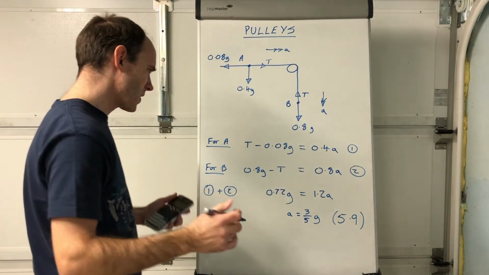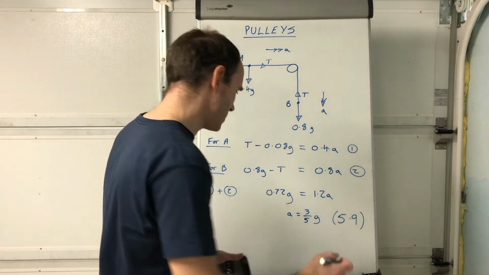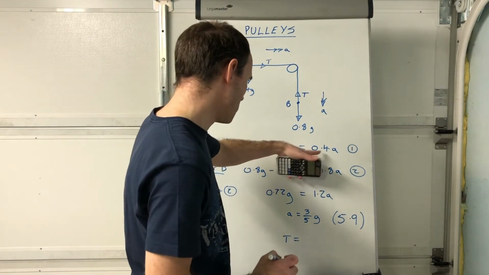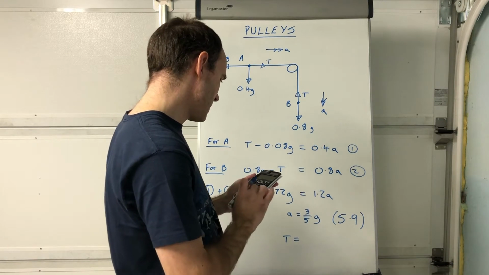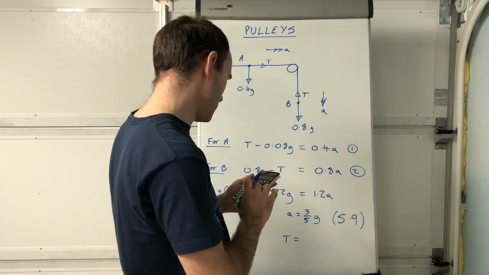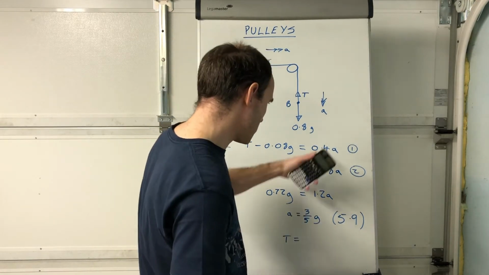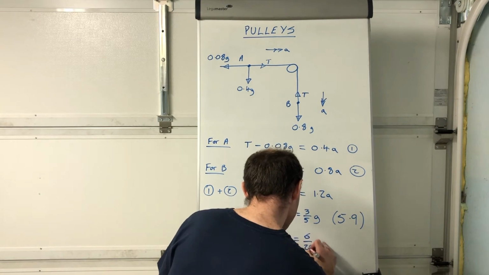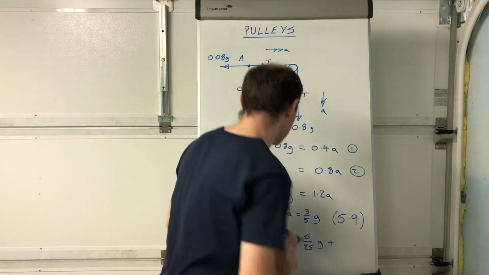Okay, let's work out what T is while we're doing it. I know the question didn't say work out T, but it's a good idea to do it as a matter of course. So T will be 0.4 times A, so that's going to be divided by 9.8. So 2/5 times that basically, so 6/25 G, and then added to 0.08.